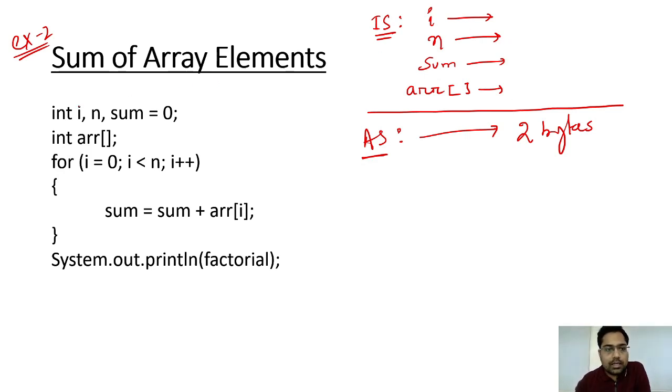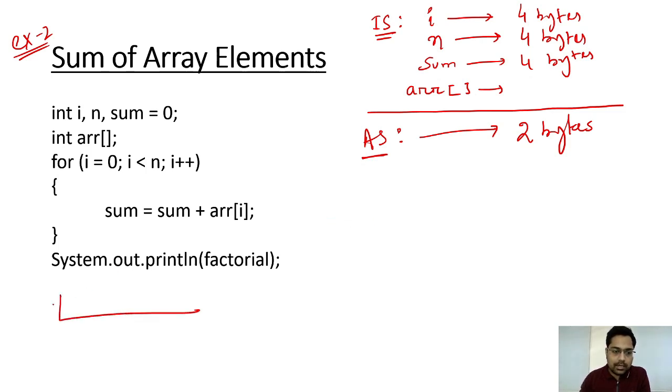These are integer type, so write 4 bytes for i, 4 bytes for n, and this sum is also 4 bytes. But in the array, suppose there is an array of 2 indexes, index 1 and index 2.